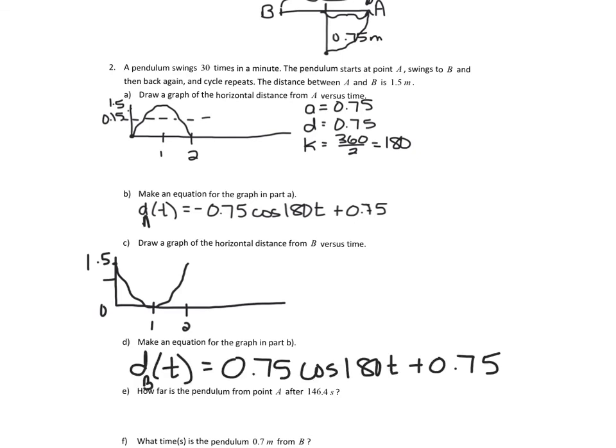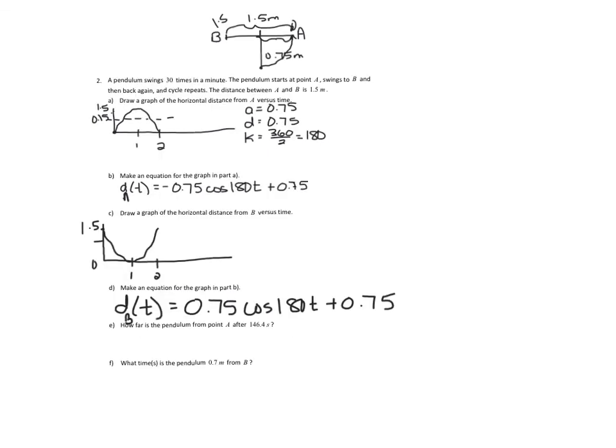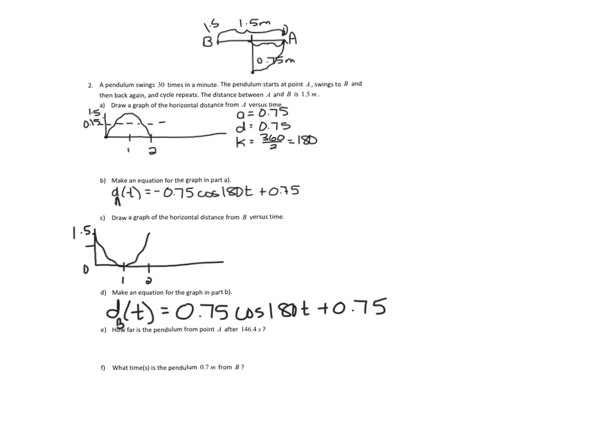How far is the pendulum from point A after 146.4 seconds? Remember, there's no loss of momentum of the pendulum due to gravity. So this is a straight substitution: 146.4 in for t in my distance equation with respect to A. So that's this equation here.